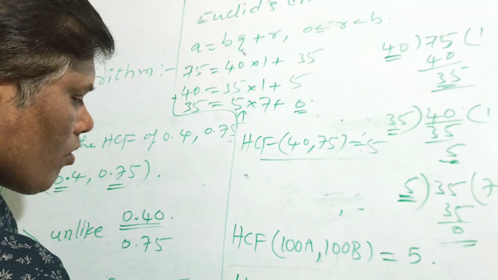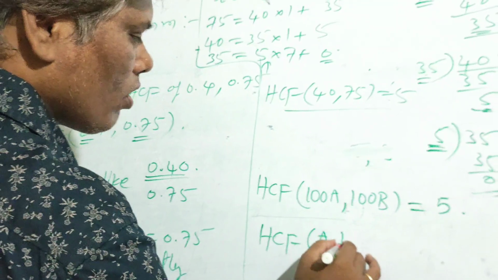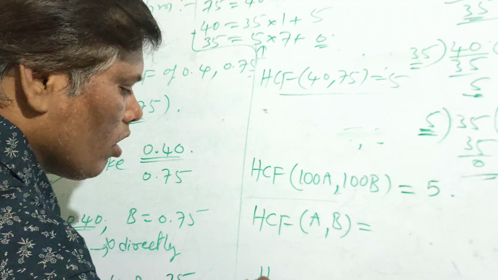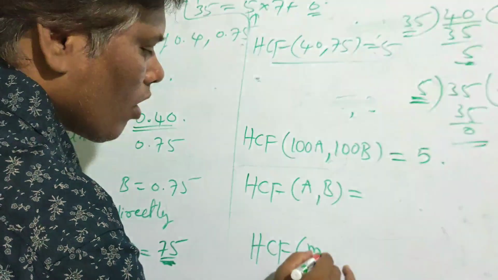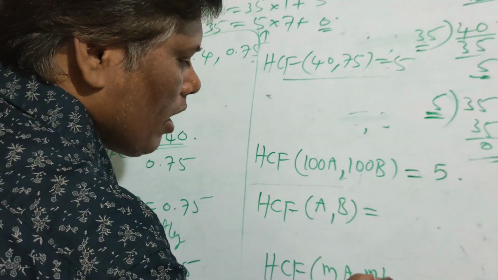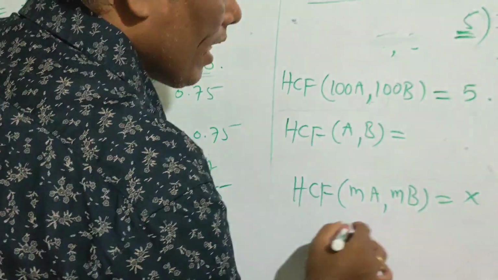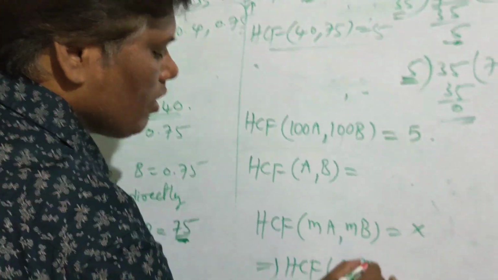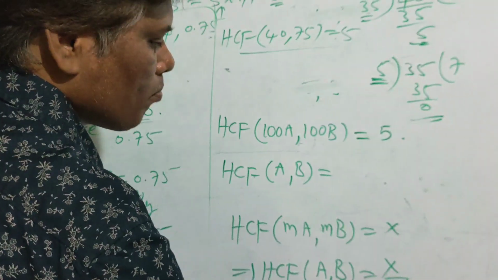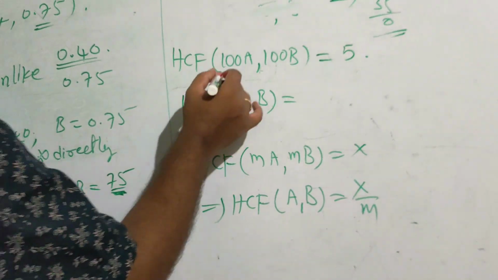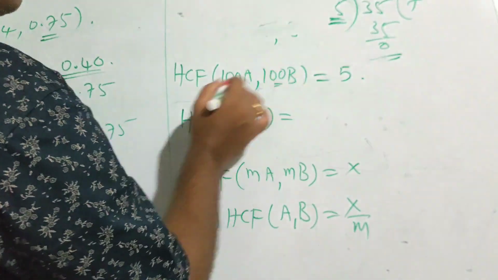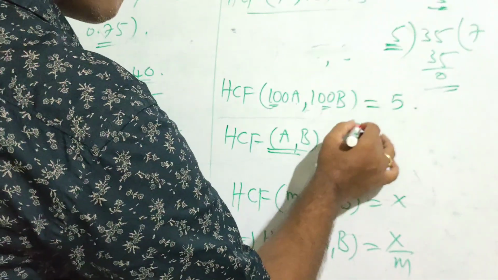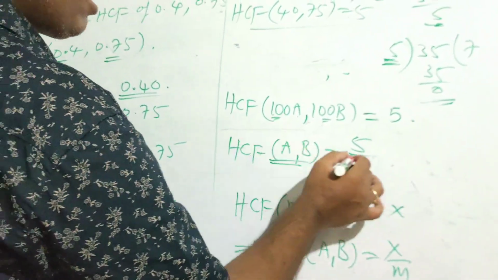Then what is the HCF of A comma B? Already in part A I told: if the HCF of M into A comma M into B is X, then the HCF of A comma B is equal to X by M. Here these two numbers are multiplied by 100, so to get the HCF of only A comma B, we should divide this HCF by 100.